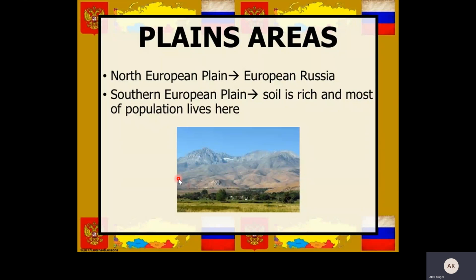Then there's the Southern European plain, located more within what we would consider Asia, southeastern Russia, sorry, southwestern. That soil is rich, and most of the population lives there.